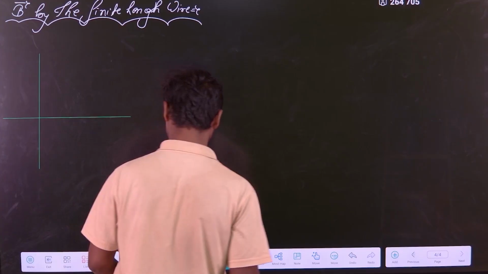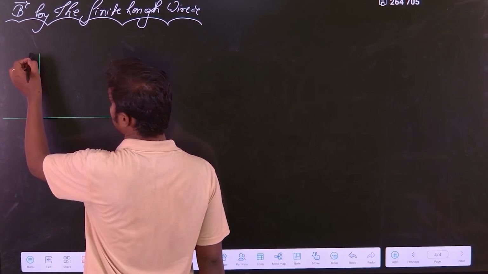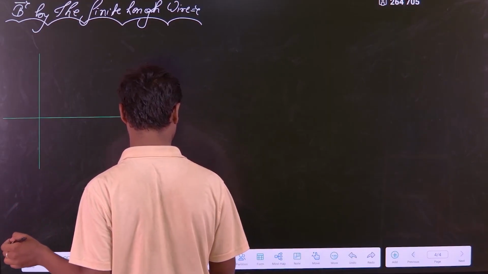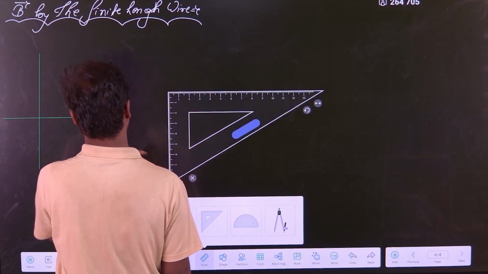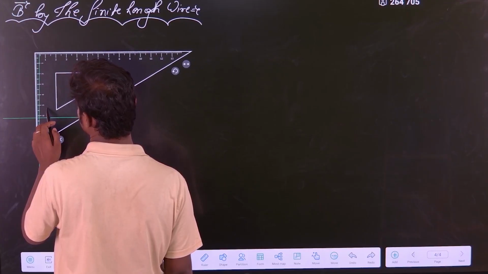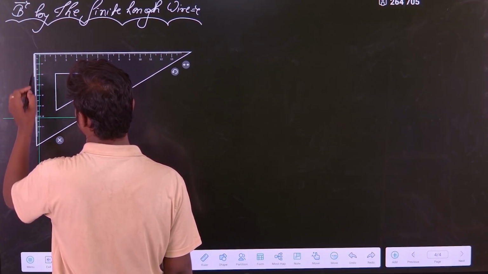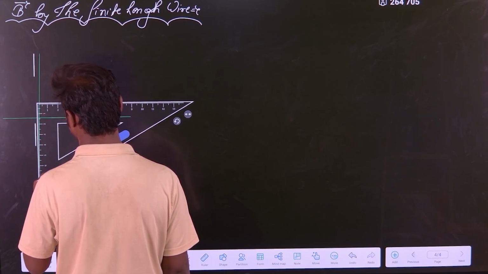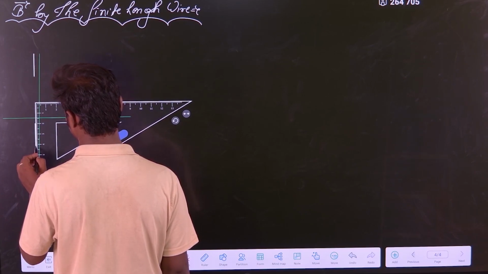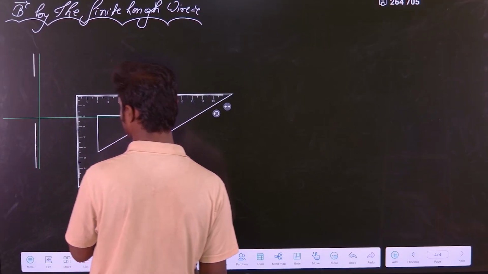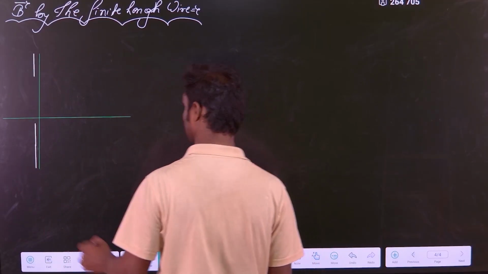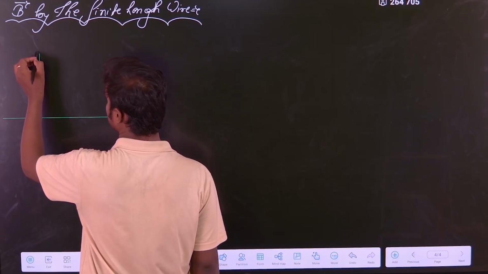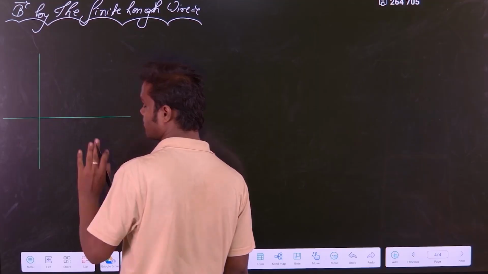So suppose we have a wire, and the length of the wire is given to you, that is L. Simply remember what is given.